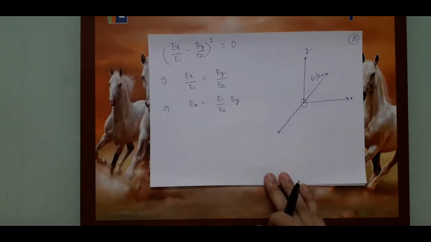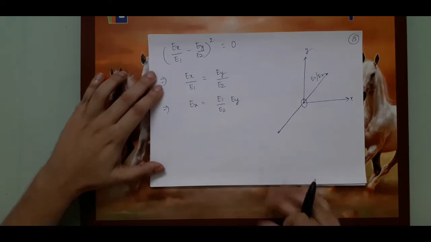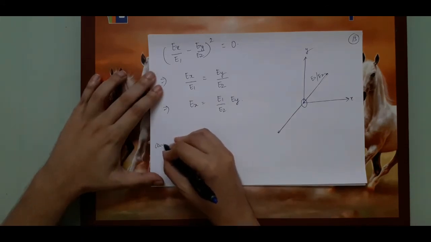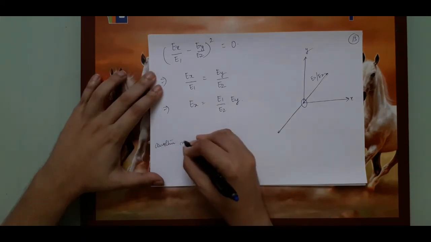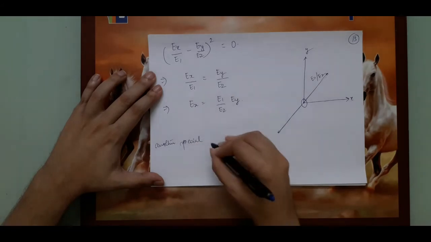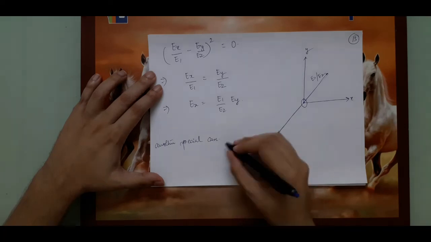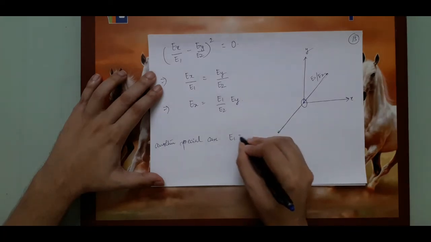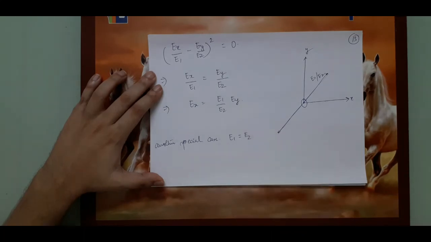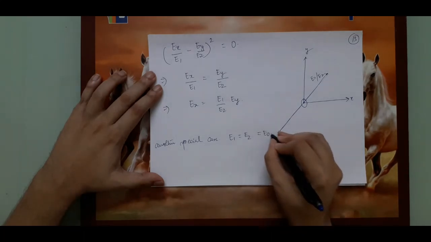Now let us take another special case. Let us assume that E1 equals E2, which is equal to some E0.